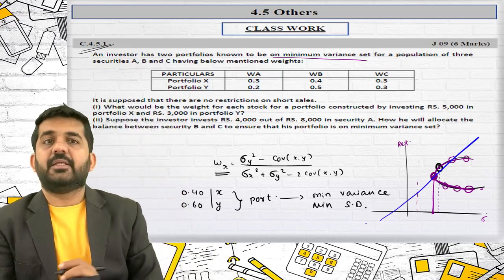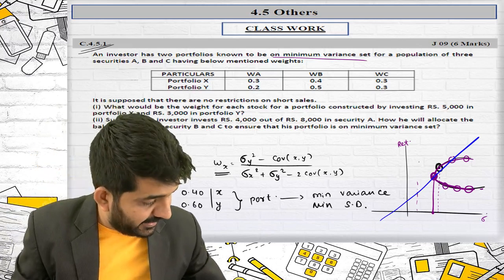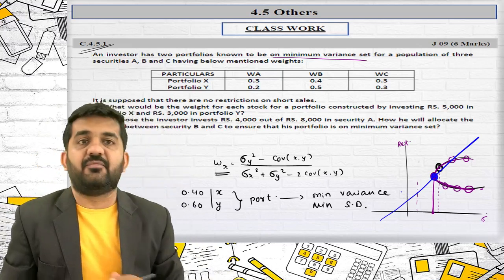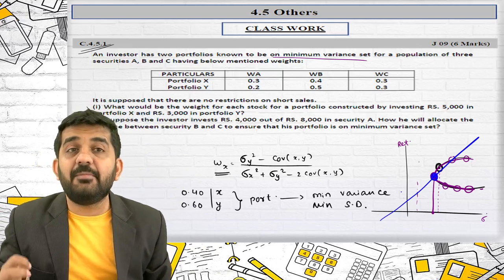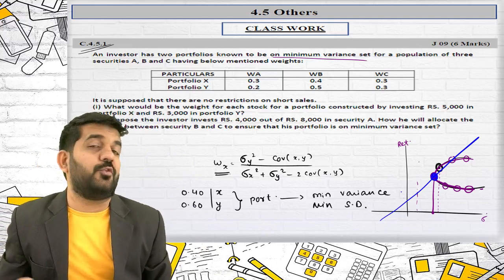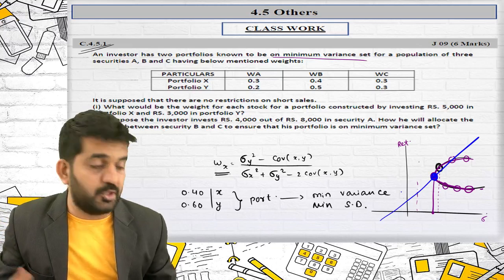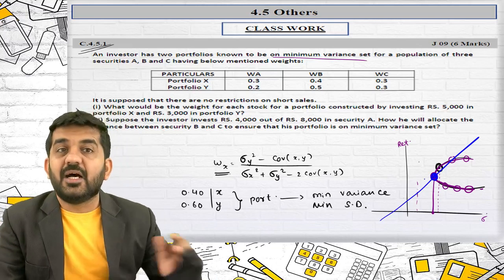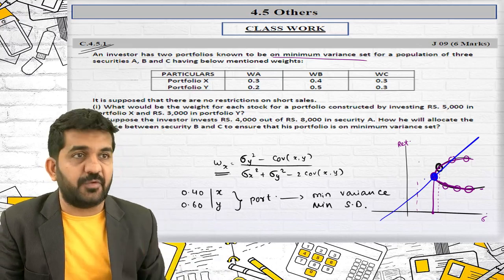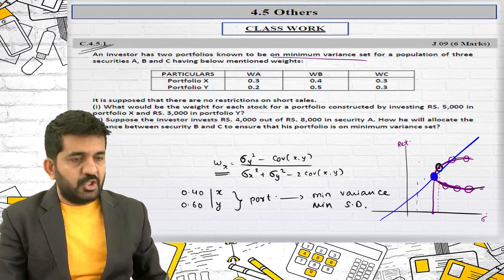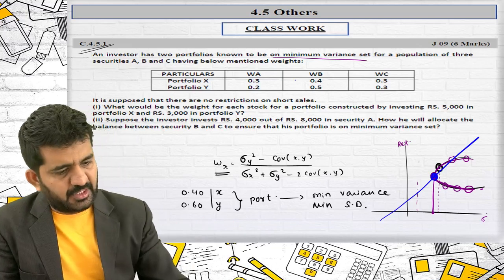Say it is this line, and this is the minimum variance set. There might be one portfolio, two portfolios, or 10 portfolios on this particular line, with different combinations of different securities. So, let me start with the question.